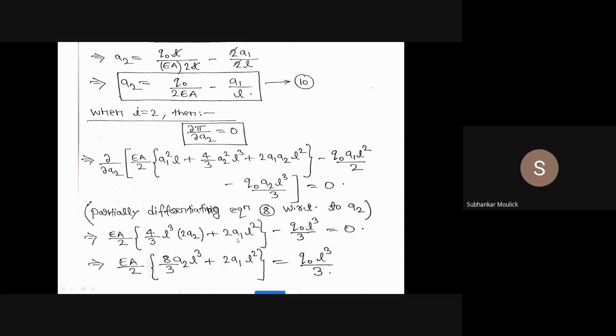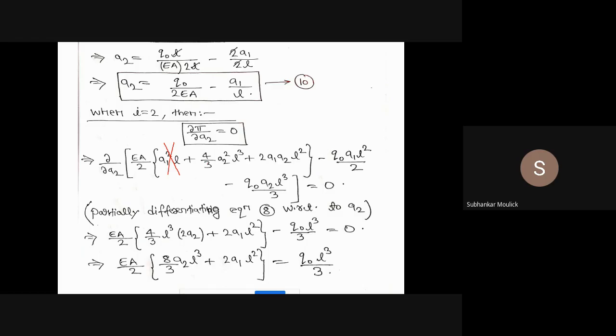So partially differentiating equation 8 with respect to A2, I can take this EA by 2 outside the bracket, EA by 2 into, I will not take this expression because A1 is present. Then del by del A2 of 4 by 3 into A2 square L cube.